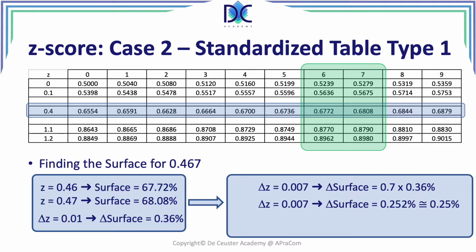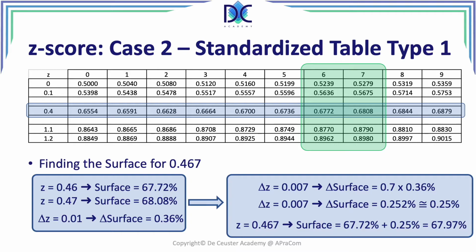So the surface that we find now, the surface to the left of z equals 0.467 is given by the surface for z equal to 0.46, which is 67.72%, plus the additional surface of 0.007 between z equal to 0.46 and 0.47.